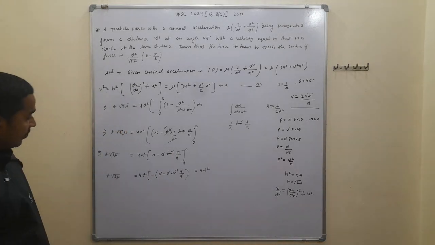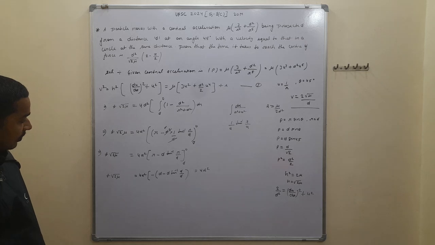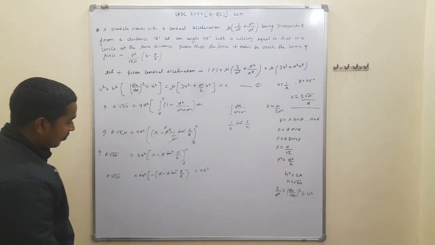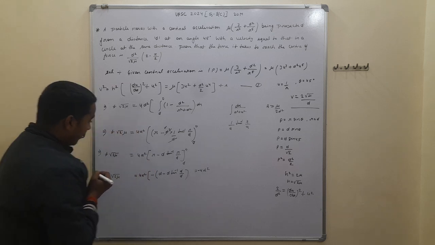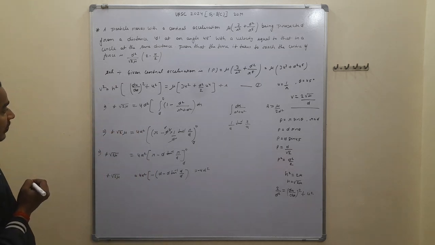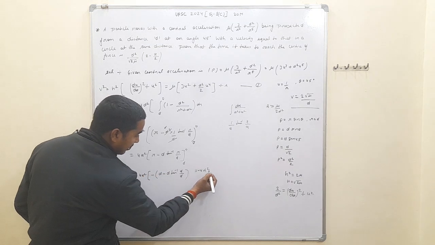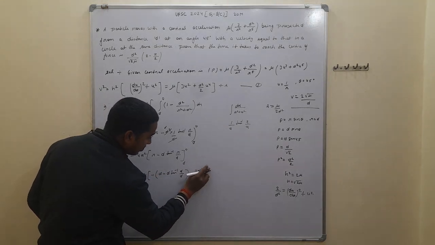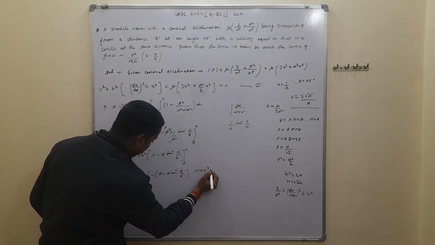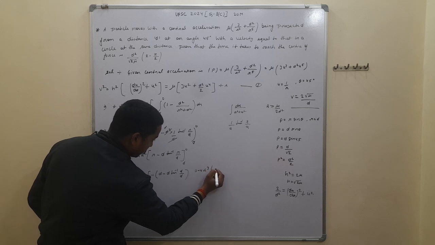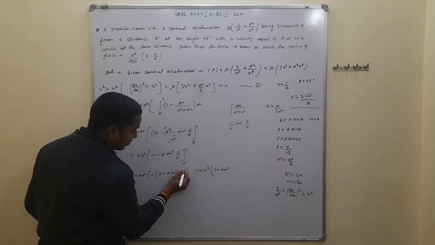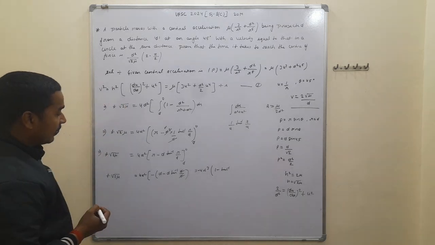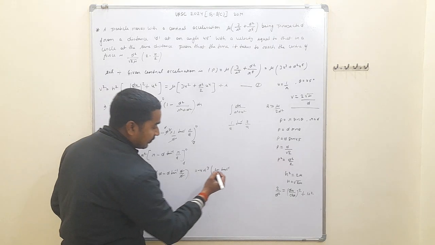Once again, this is minus taken outside, and d is taking common, this is d cube, and here is 1 minus tan inverse, from d to d is cancel out, and the value of tan 45 is 1.